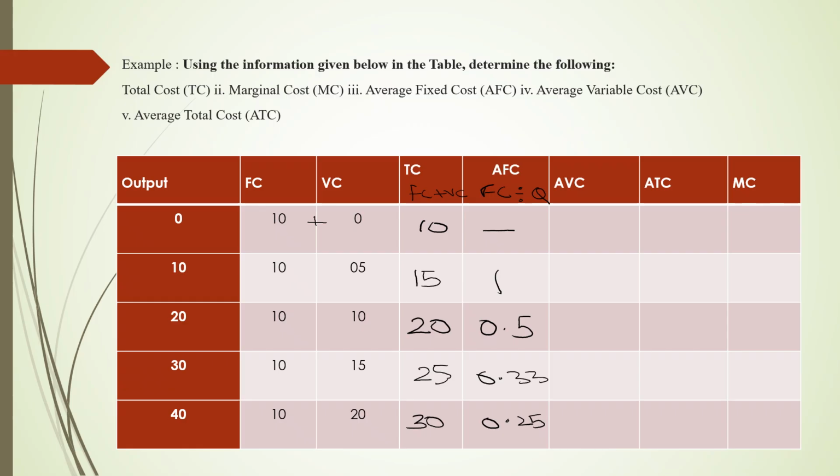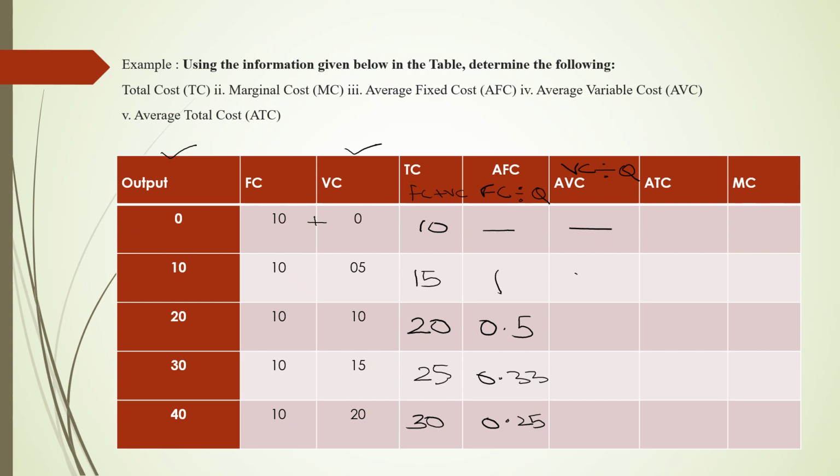Then similarly we will do average variable cost. What is the formula for average variable cost? The formula is simple. Variable cost divided by total quantity. So here we will see this column, variable cost and output. Variable cost is 0, output is 0. Answer will be dash. Now variable cost is 5 divided by 10.